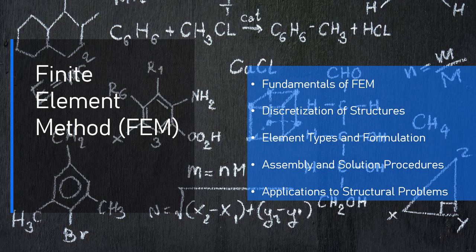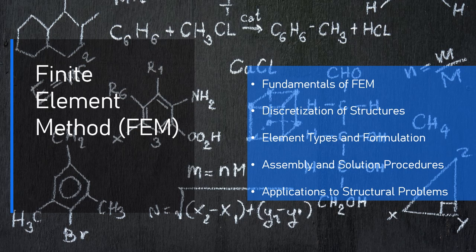FEM can handle a wide range of problems, from static to dynamic analysis, and from linear to nonlinear problems. Complex geometries. FEM can be applied to structures with complex geometries that are difficult to model using traditional analytical methods. Material heterogeneity. It can account for structures with different materials, each with its own properties, e.g., varying stiffness or thermal conductivity.